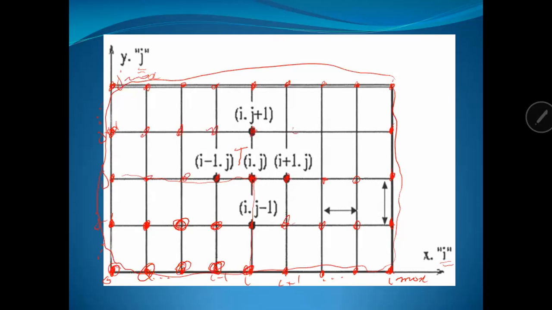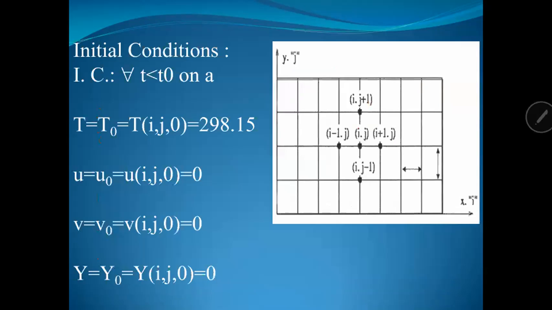Okay? And then I find all the values at time t equal 1. And then I repeat the calculation for time equal 2 and for time equal 3 and the following. Okay? This is how things happen. Good.